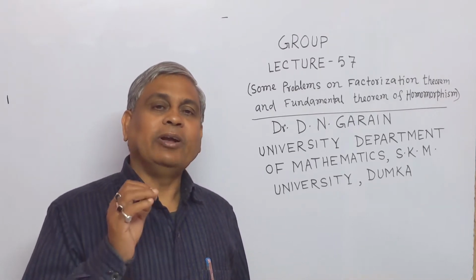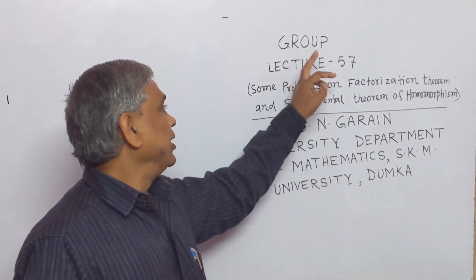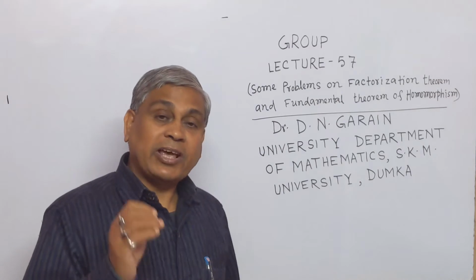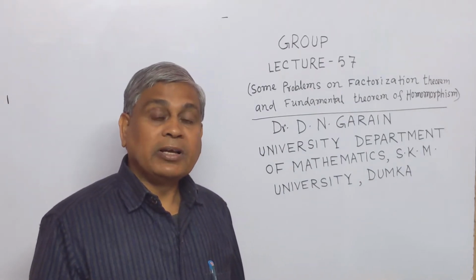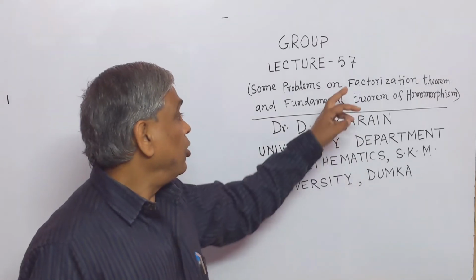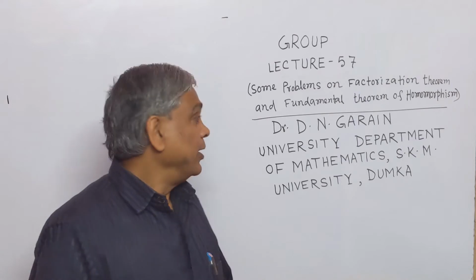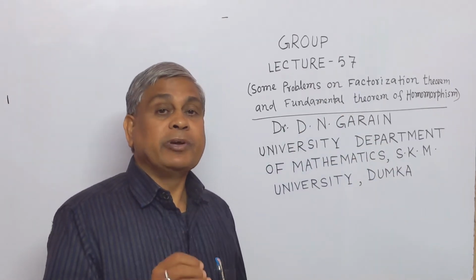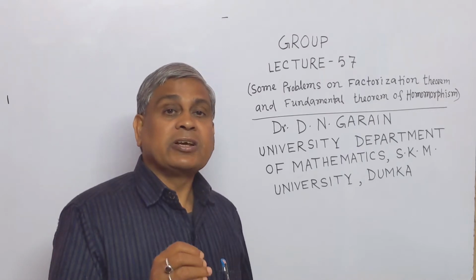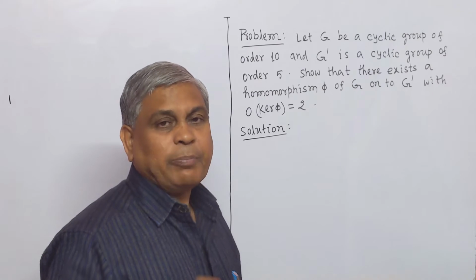Today I will deliver lecture on group lecture number 57, in which I will solve some problems on factorization theorem and fundamental theorem of homomorphism or first isomorphism theorem. Now we solve a problem.